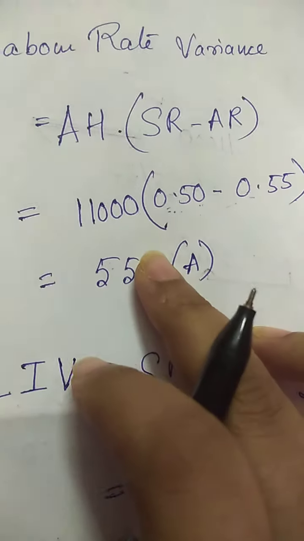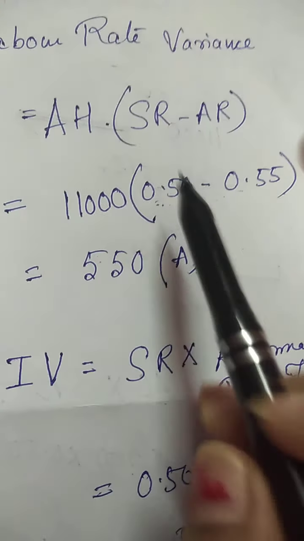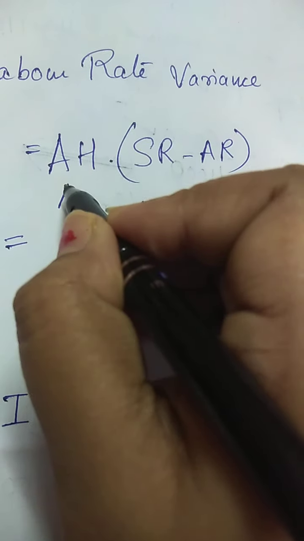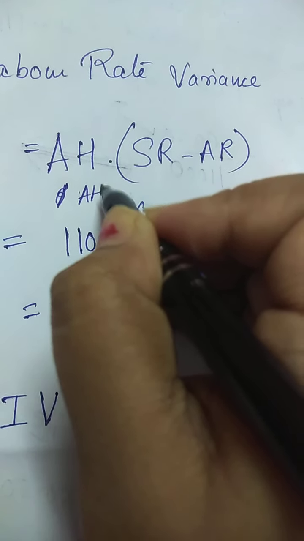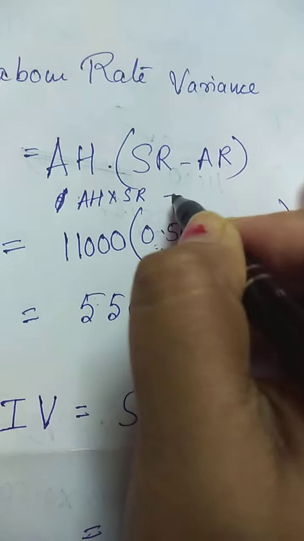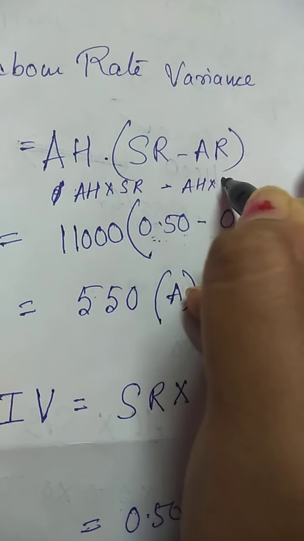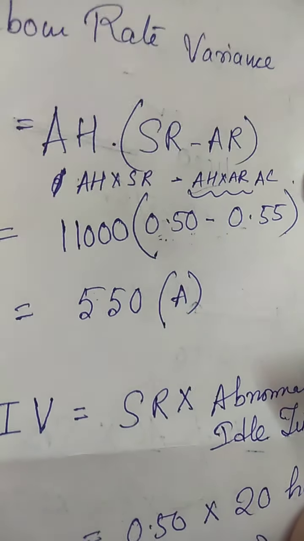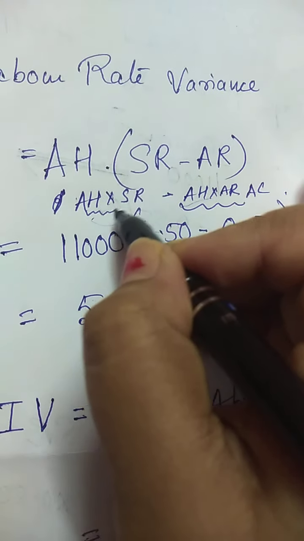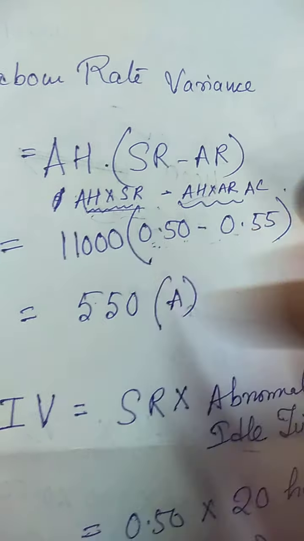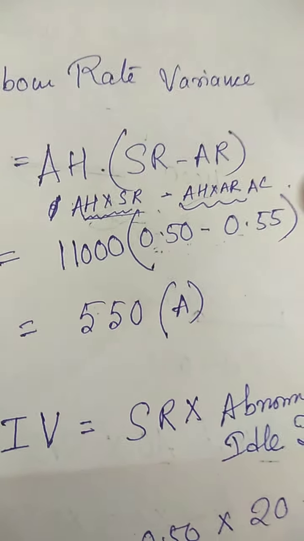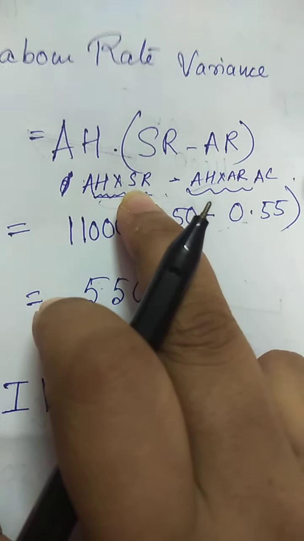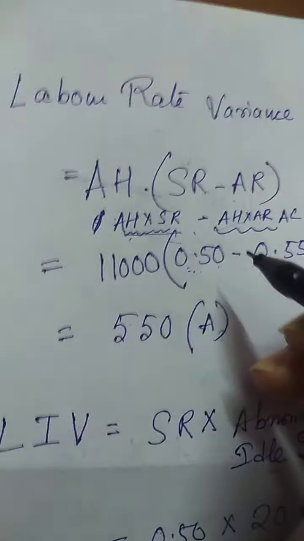And here, labor rate variance, how does the formula go? It's actual hours into standard rate minus actual hours into actual rate. This is my actual cost, and this is my standard cost. That means I am paying the standard rate, the standard cost for actual hours.